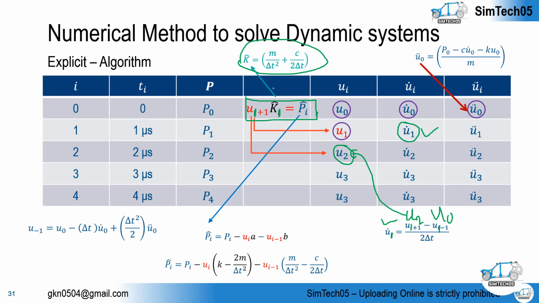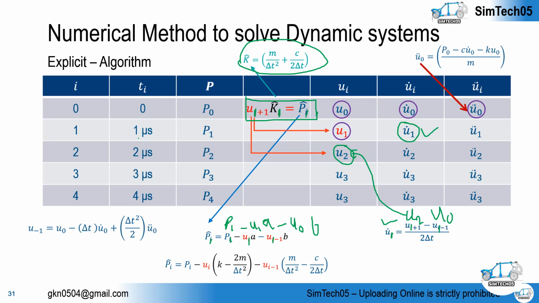So it's not difficult to calculate. Then again P1 we have to find. Again the P1 cap, then P1 and u1, and put again 1 here. So P1 cap will be P1 minus A times u1, minus u0 and B.